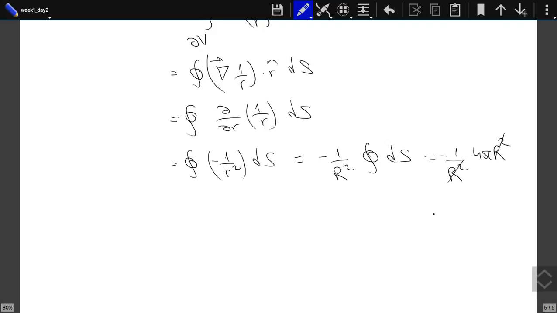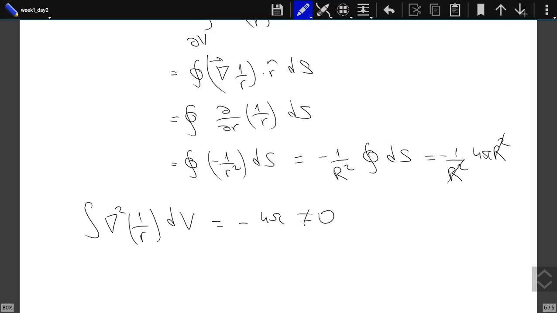So the R squareds cancel. So we see that the Laplacian of 1 over R, integrated over this volume at least, is equal to minus 4 pi, which is definitely not 0.